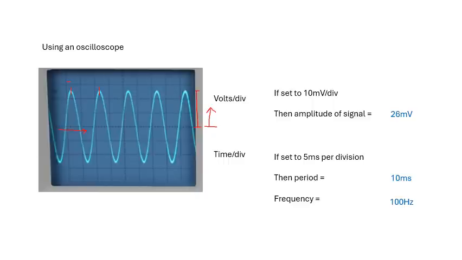And also what you would do is you would count the number of divisions for as many cycles as possible. So 1, 2, 3, 4, yes, count it for 4 and then divide by 4. So I get 2 squares for each cycle, and so that's 10 milliseconds. So the frequency is 100 hertz.